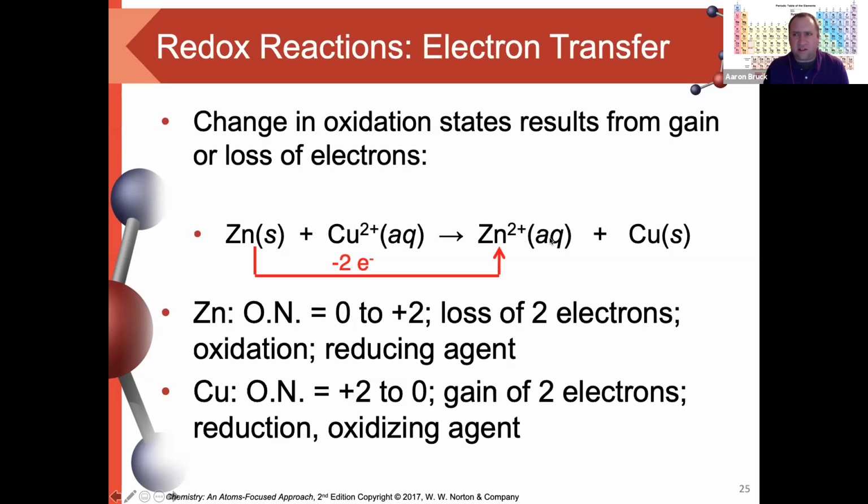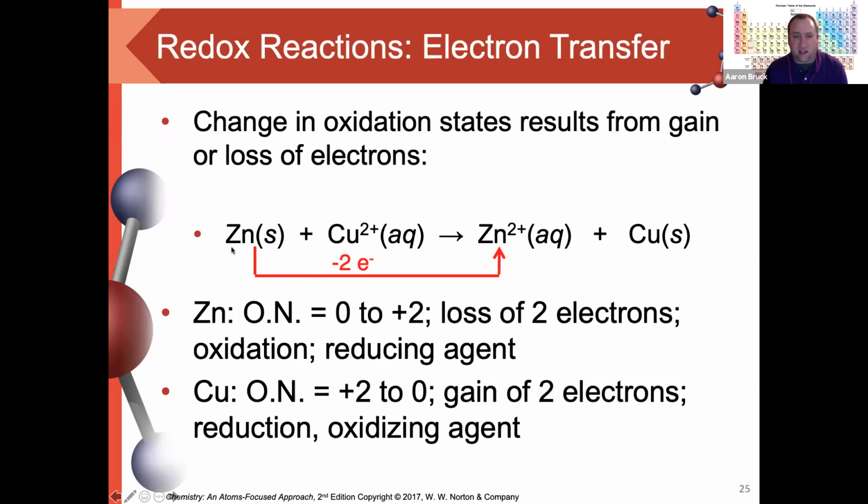But let's go back and review a little bit about redox reactions before we actually get to the balancing. If we follow from our discussion yesterday, we should be able to assign oxidation numbers to all of these reactants involved. Now, notice this is a net ionic equation.